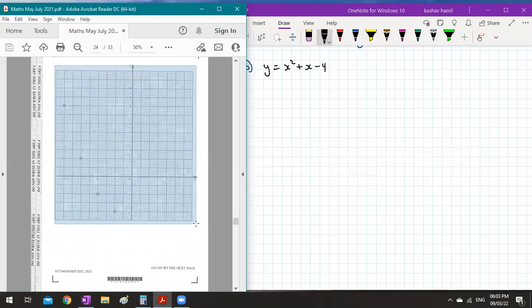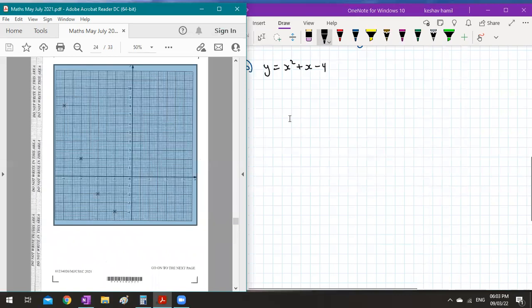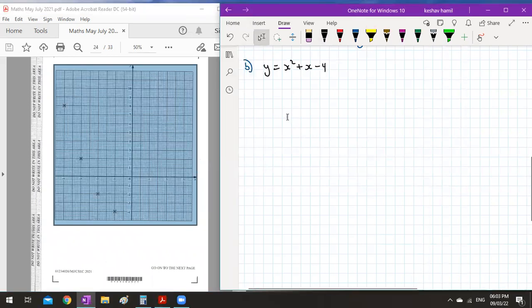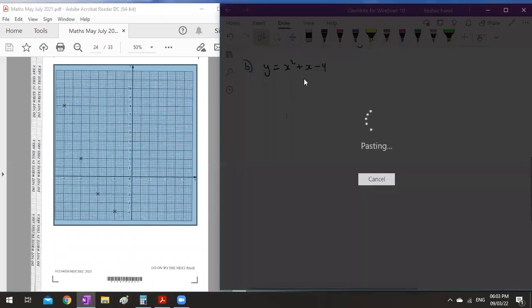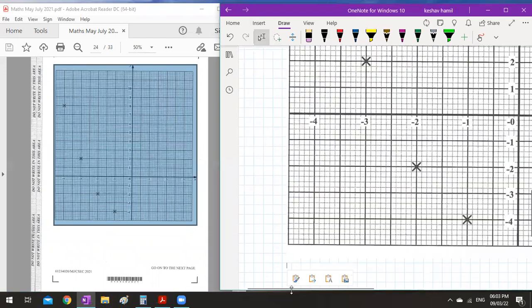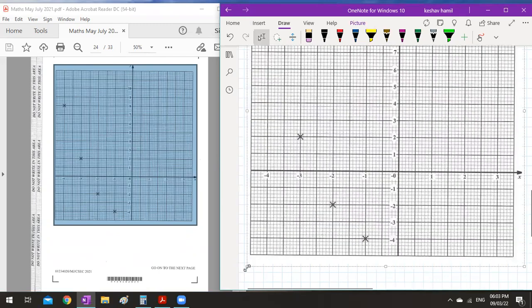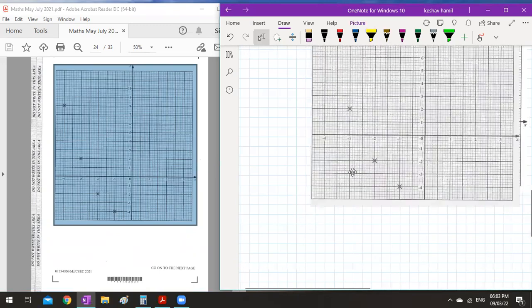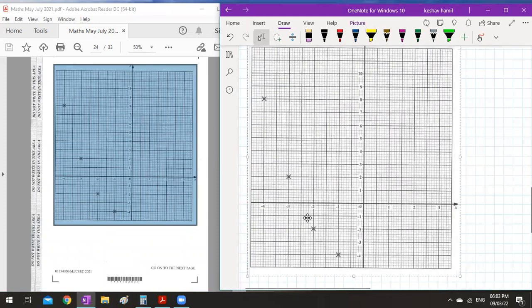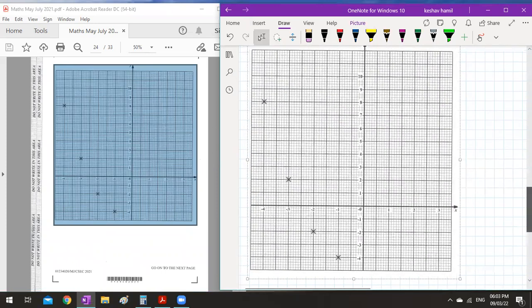So, copy, paste. It's small enough for me to see the whole thing.